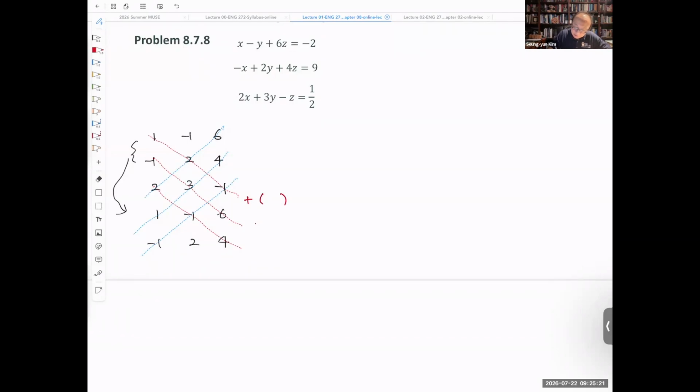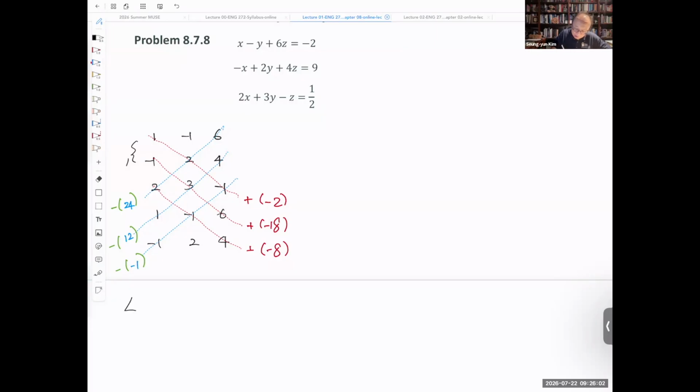This is positive, positive, positive, and we have negative, negative, negative. So the positive ones: negative 2, negative 18, negative 8, and 24, 12, and this is negative 1.